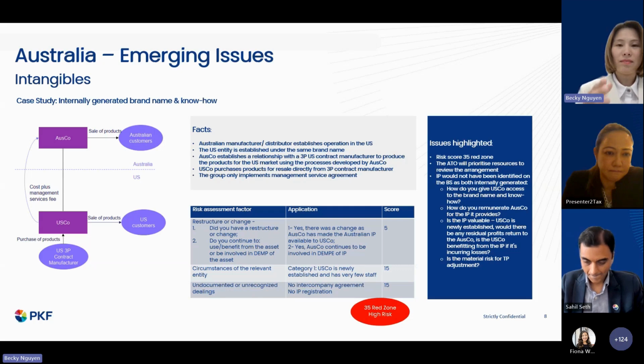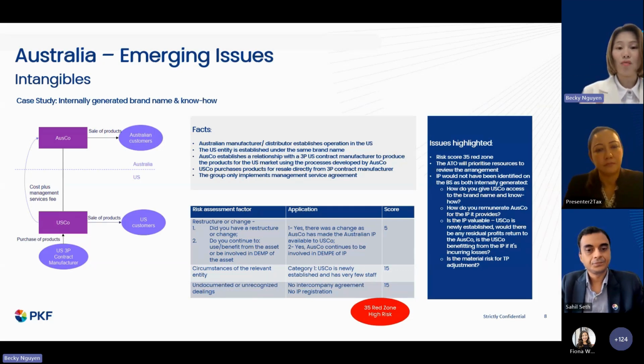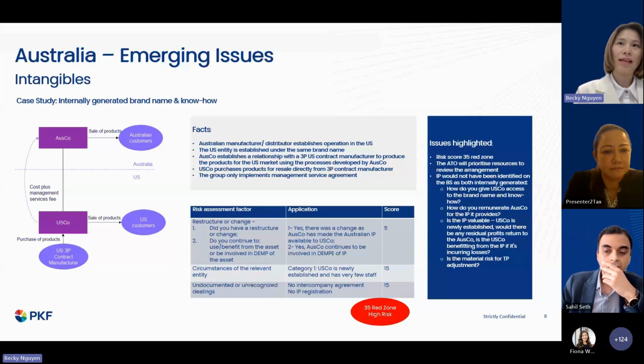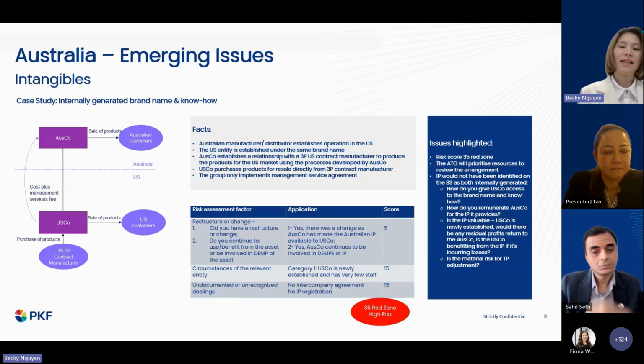So under the PCG, this type of arrangement is classified under red zone, high-risk transactions. And you can go through the risk assessment factors here, where we need to answer the questions on whether any intangible assets have been transferred or licensed overseas, and whether the overseas entity is a newly established entity or not, or whether there is any intercompany agreement for the intangible assets.